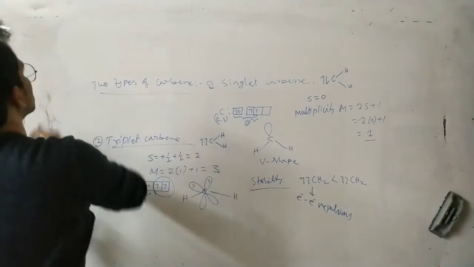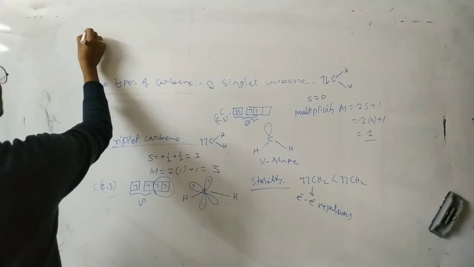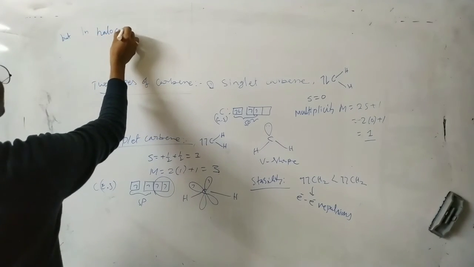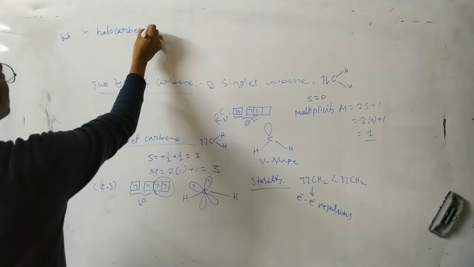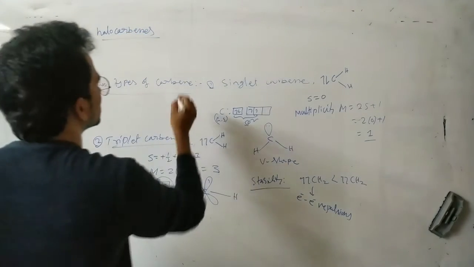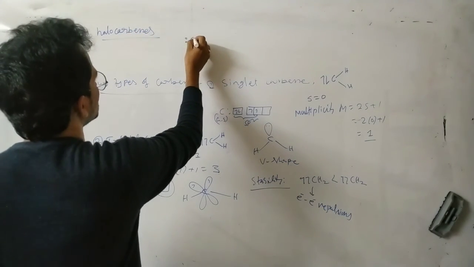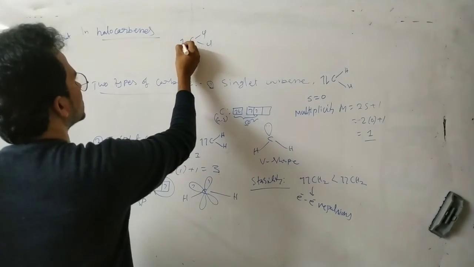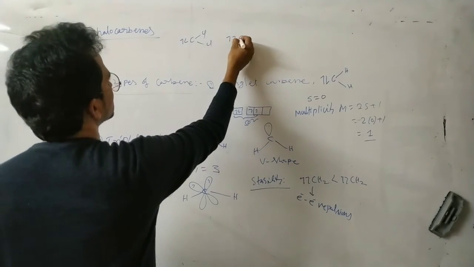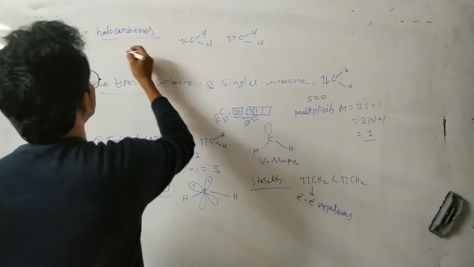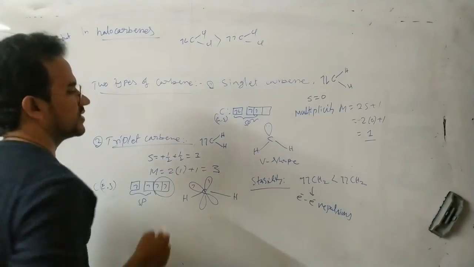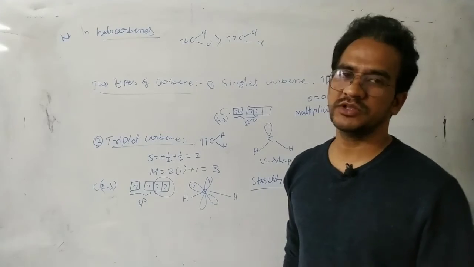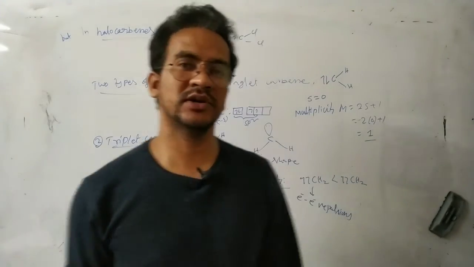But in halocarbons, that means for suppose C, Cl and Cl, the singlet carbene and the triplet carbene: the stability is more for the singlet carbene. In the case of halocarbons, singlet carbene is more stable than the triplet carbene.